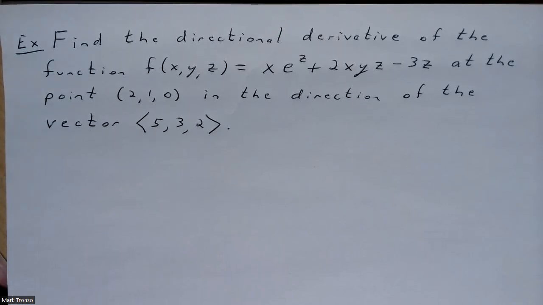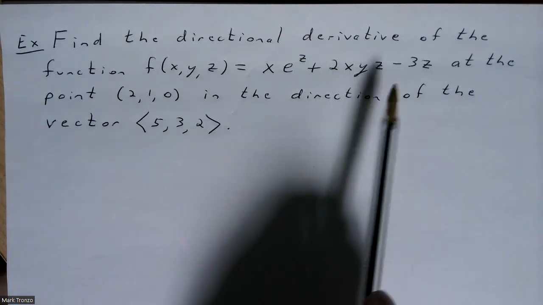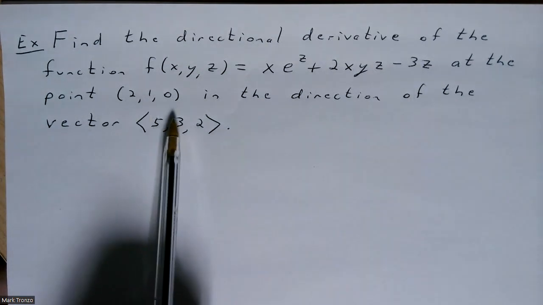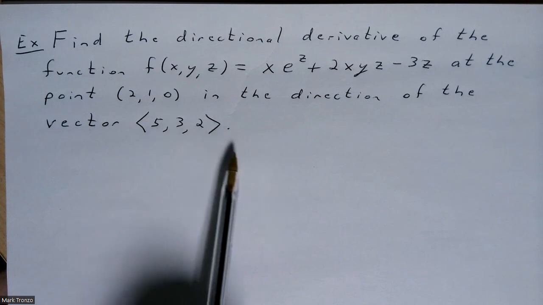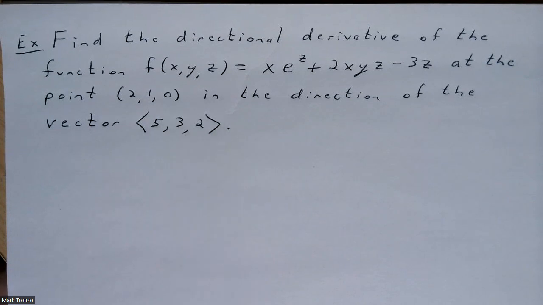Let's take a look at this problem here. Find the directional derivative of the function given by this at the point 2, 1, 0 in the direction of the vector 5, 3, 2. So let's take a look at this.